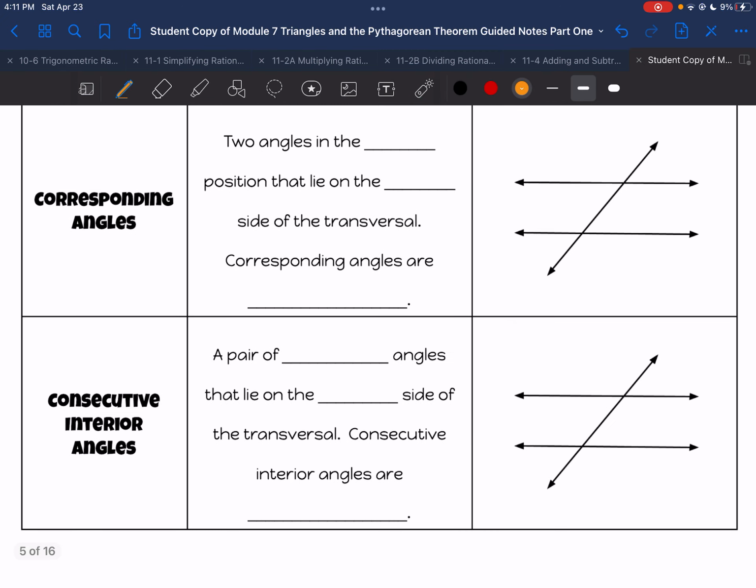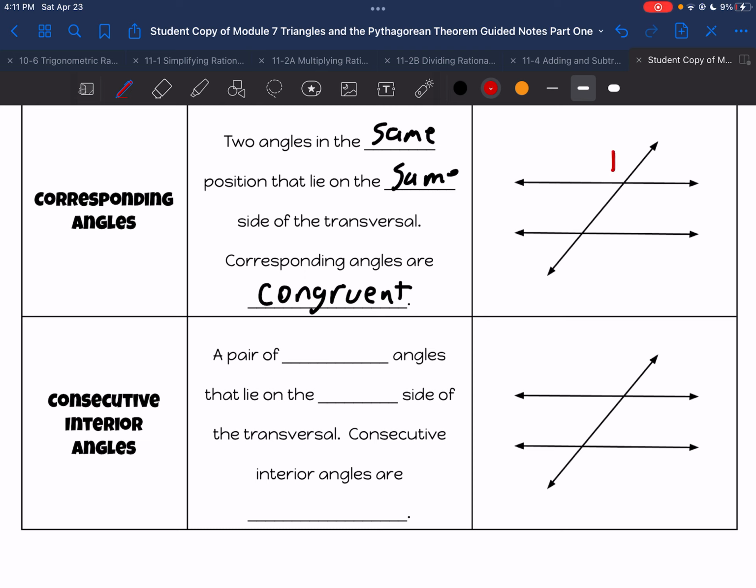Now, corresponding angles. Corresponding angles are two angles in the same position on the same side of the transversal. They are congruent. So, same position on the same side of the transversal.